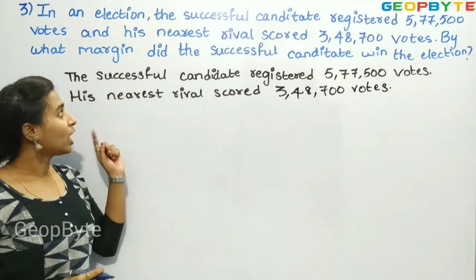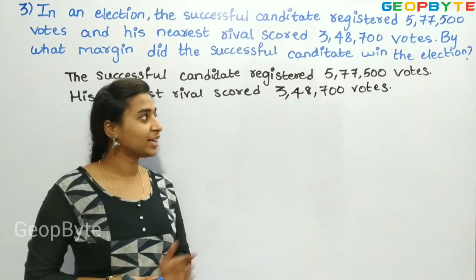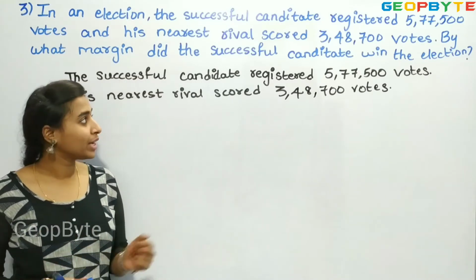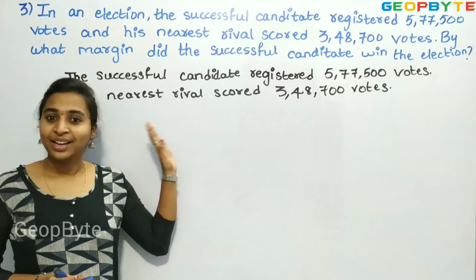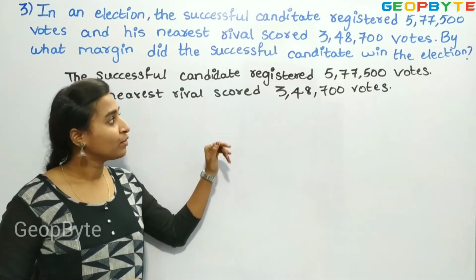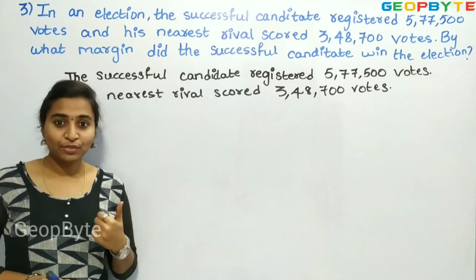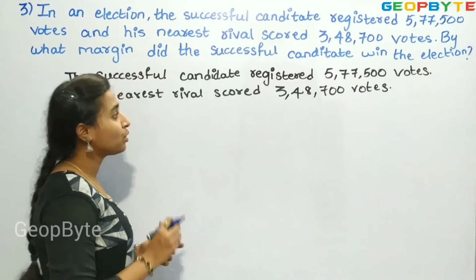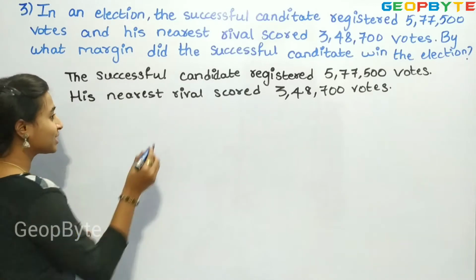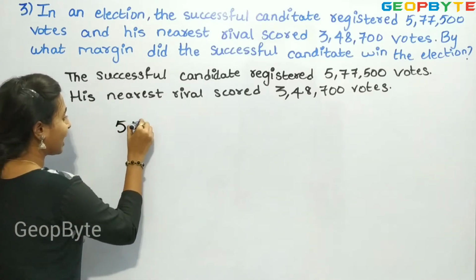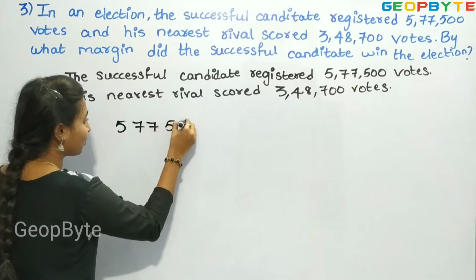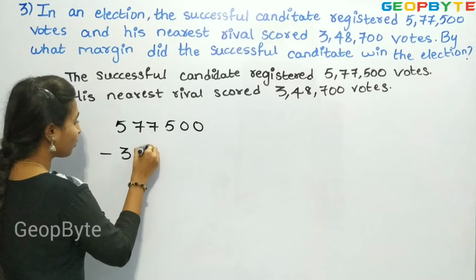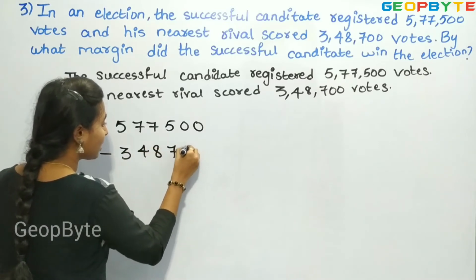So, by what margin did the successful candidate win the election? That is, we need to find the difference between the successful candidate and his rival, so that we can say by how many votes did the successful candidate win the election. So, difference means we need to subtract 5,77,500 minus 3,48,700.